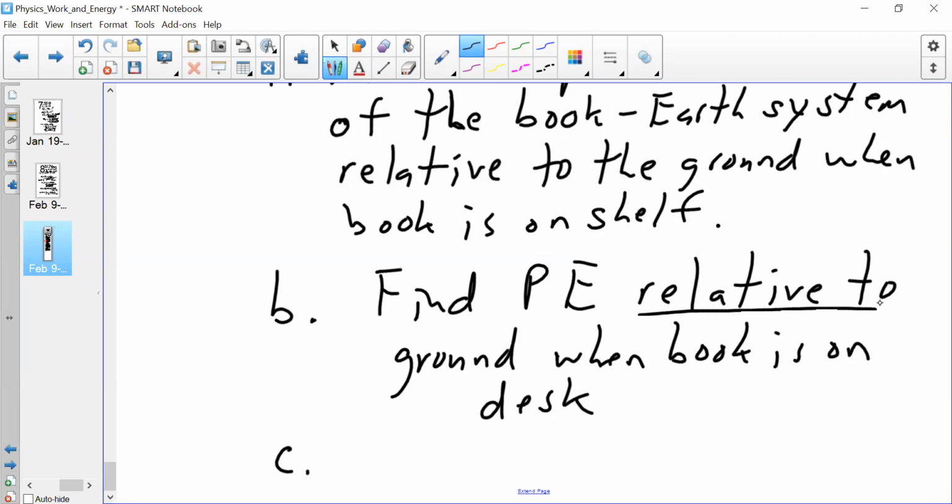And so this phrase here, relative to ground, this is always your starting point. This is your baseline. Hence, when we go back to the original question, it said relative to desk and shelf, because you're looking at the desk shelf system, or the difference between desk and shelf. Now, in these two new examples, relative to ground, we're looking at just the ground all the way up to the shelf. In part B, it's going to be ground all the way to the desk.